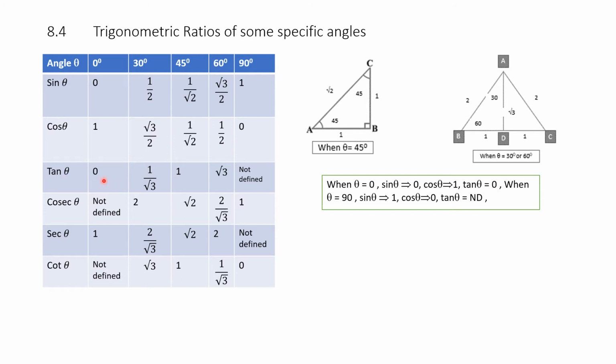Tan 0 is 0, tan 30 is 1 by root 3, tan 45 is 1, tan 60 is root 3 and tan 90 is not defined. Please note down the values of cosecant theta, secant theta and cot theta. I will wait for some time for you to note down these values.